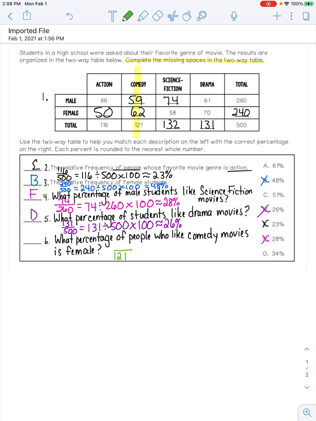Out of that 121, how many are female? 62. So I've got my fraction, 62 out of 121, but I need to change that to a percent, so I'm going to do top divided by bottom times 100. You'll do that every time to change a fraction to a percent. So 62 divided by 121 times 100 is about 51%. So for that, you should have gotten choice C.